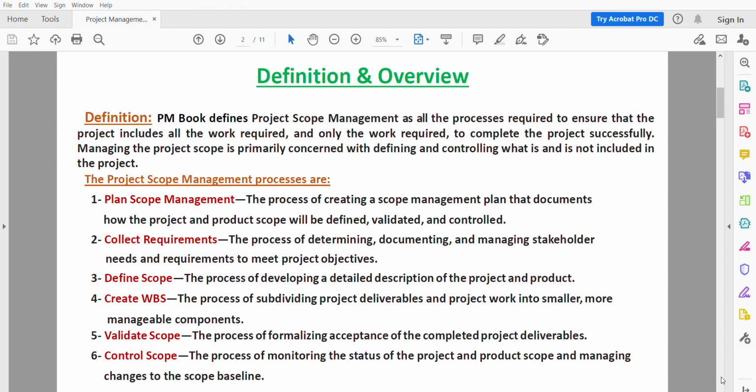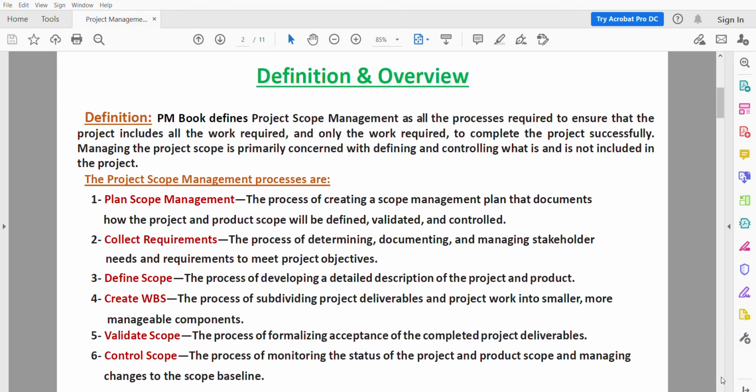The project scope management has six processes: plan scope management, collect requirements, define scope, create WBS, i.e. the work breakdown structure, validate scope, and the last one is control scope.